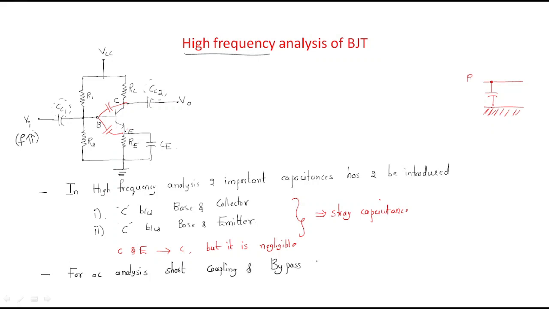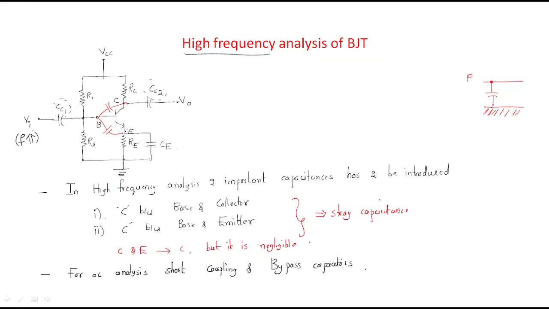These are the coupling capacitors and this is the bypass capacitor. We should remove these, but the stray capacitances must stay in the diagram.